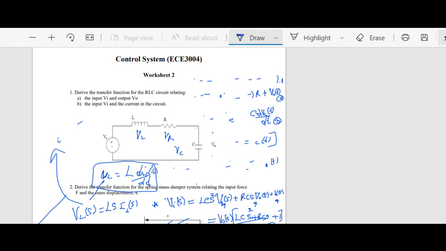Therefore, VL of S over IL of S is equal to L times S. Therefore, in writing the circuit components in the Laplace domain, we would simply write LS.